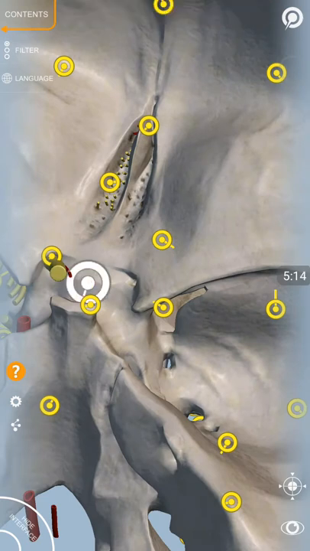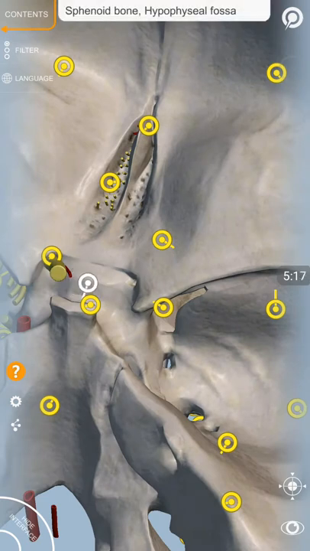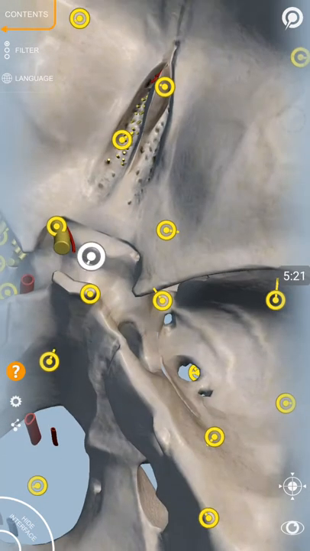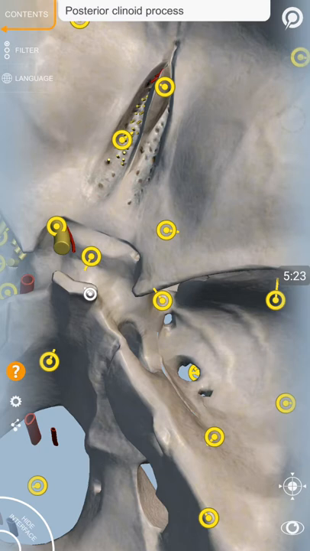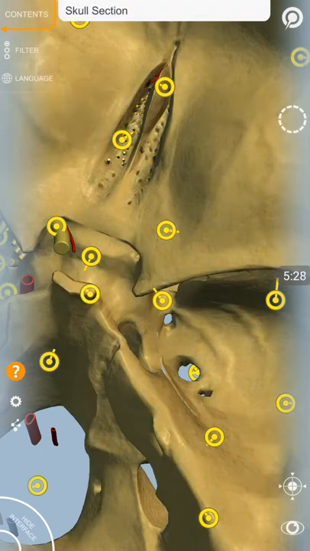And behind this is the hypophyseal fossa where the pituitary gland lies. This is the sella turcica, and behind the hypophyseal fossa you can see the dorsum sellae.